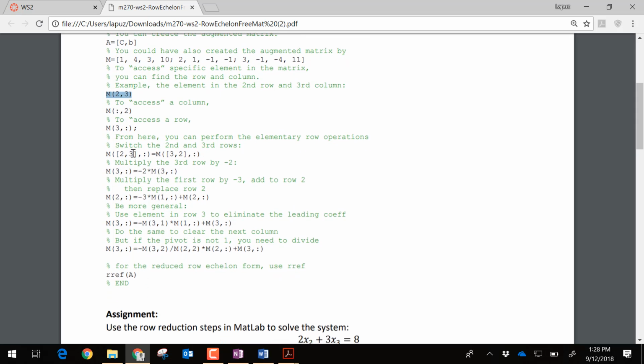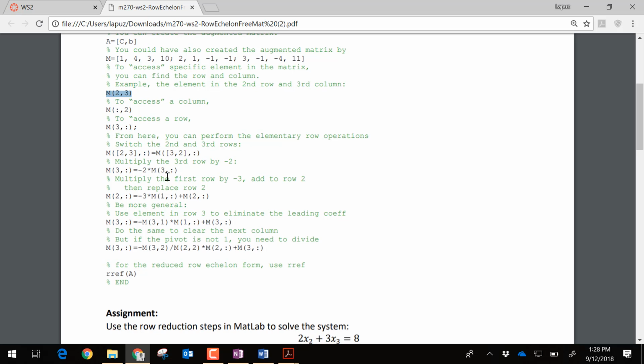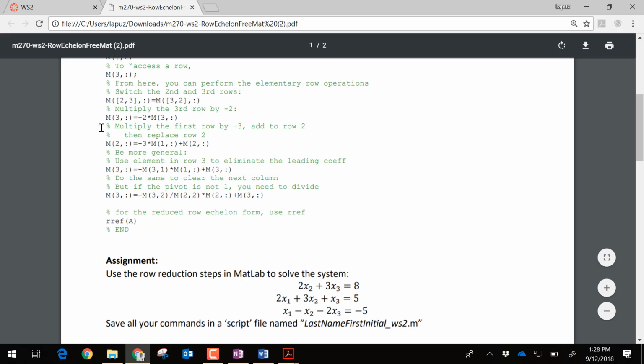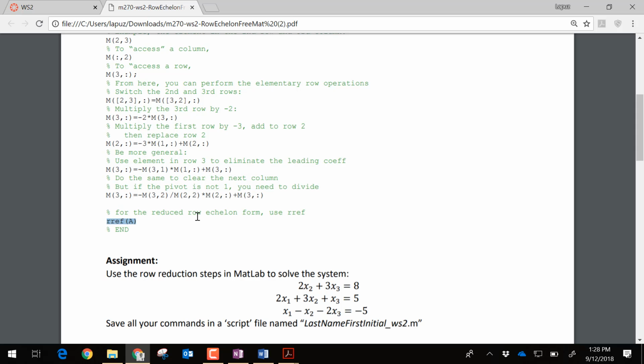And then what it means to access a row, to switch two rows, and then basically those three basic row operations, it's being shown how to do that using MATLAB. And then I'm asking you to actually solve for a system that's different from the example that I gave. And then in the end here, there's an RREF, which reduces everything for you with the ones and zeros.